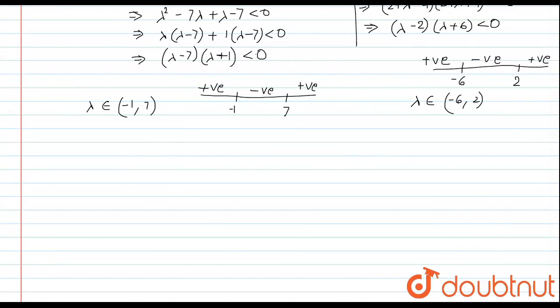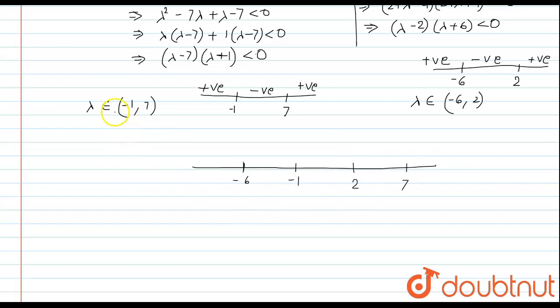For both inequalities to be true, we have to take the intersection of lambda from the first inequality and the second inequality. For that, draw all the numbers, that is minus 6, minus 1, 2 and 7.